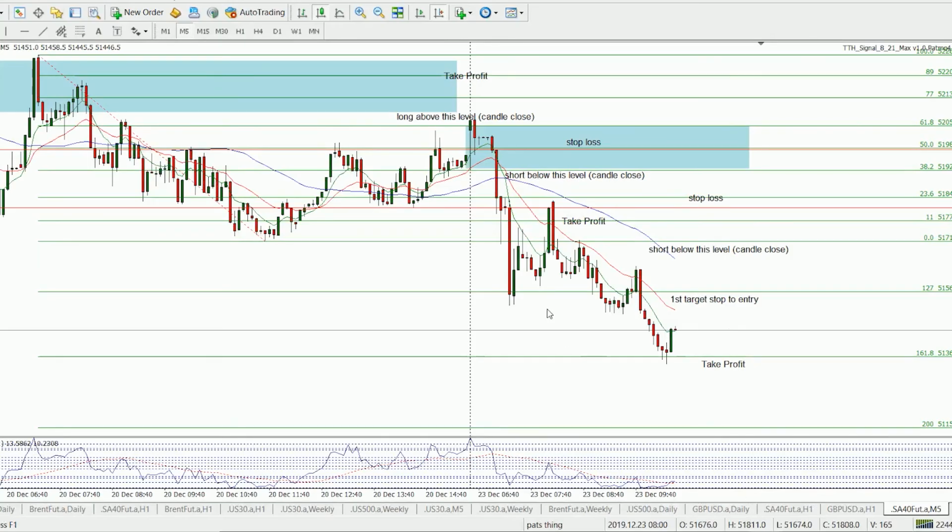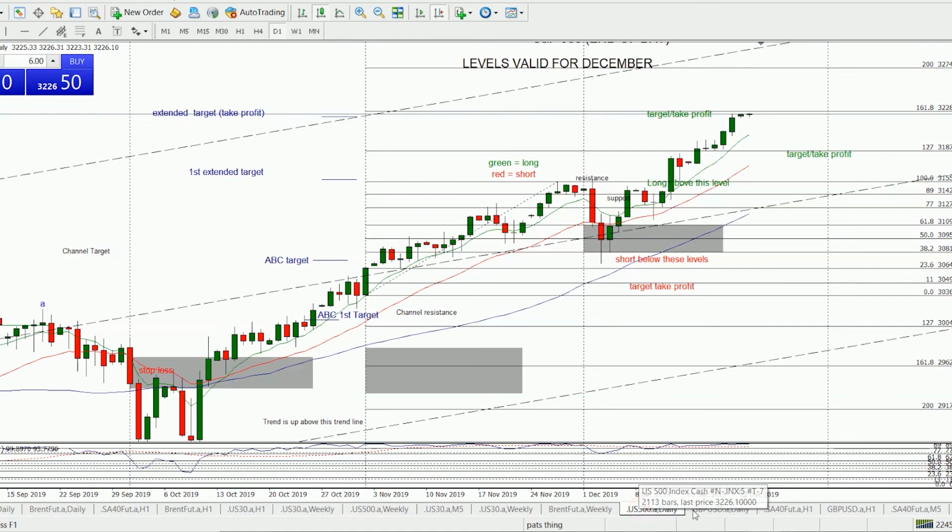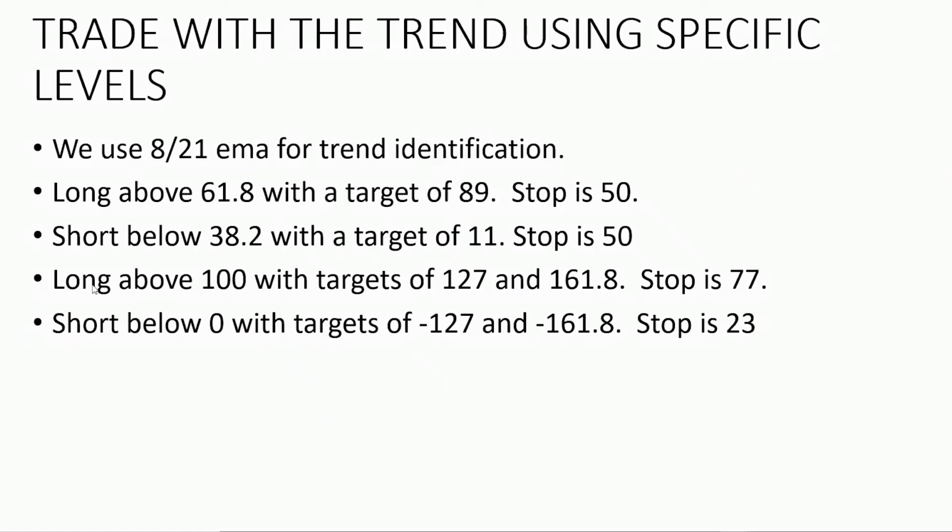Let's have a look at that. Below 38.2, target is the 11. Above 61.8, target is the 89, stop would be the 50. Again, for bigger consolidations, long above 100 with a target of 127 and 161, stop is 77.